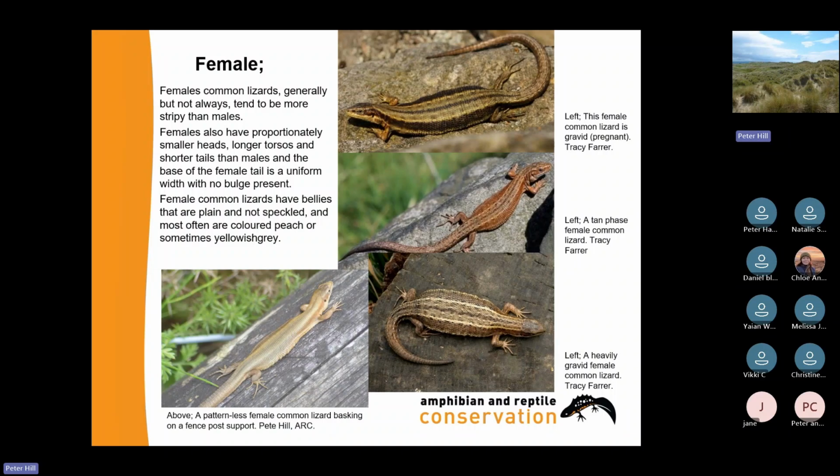That animal there on the bottom left, she hasn't got any patternization at all. Shows you the diversification again. And you can just make out that peachy color just below her front near side arm there, and you can see that peachy belly color that hasn't got any speckling on it at all. Males have black speckling all over the bellies.